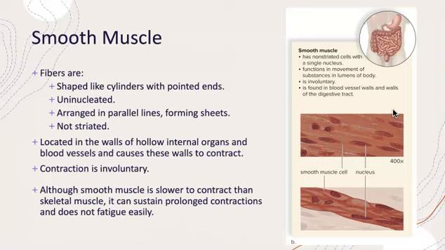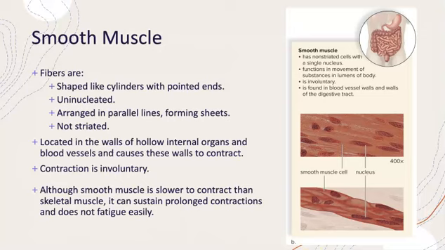So let's take a look at smooth muscle next. We're going to see that the muscle cell or muscle fibers are going to be shaped like cylinders with pointed ends. Sometimes they're referred to as a spindle shape, where they're going to be a little bit thicker in the center and then tapered out at the ends.